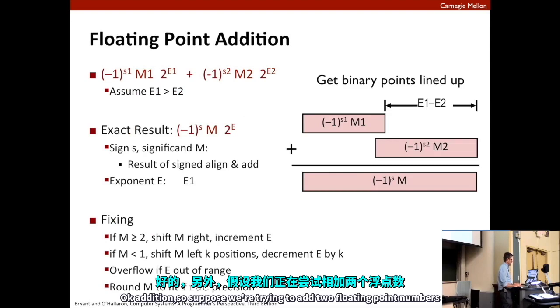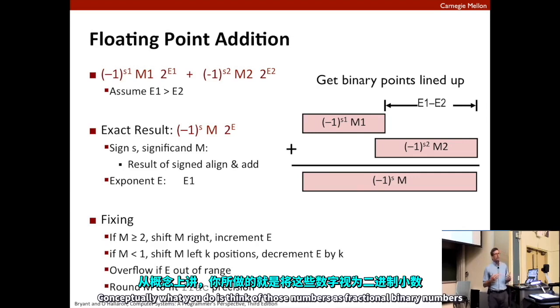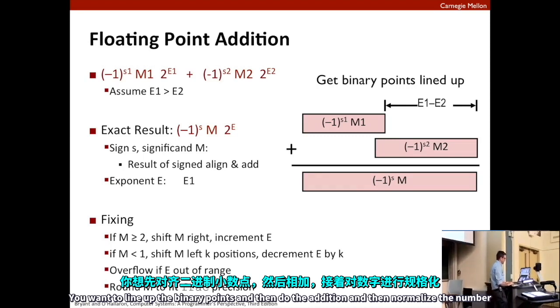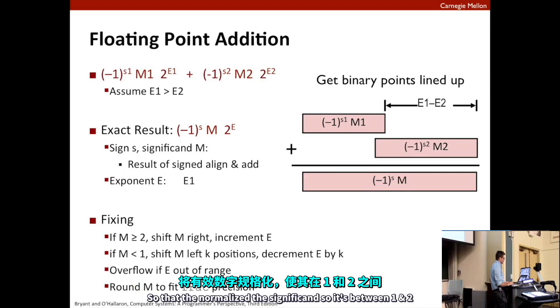Okay, addition. Suppose we're trying to add two floating point numbers. Conceptually, you think of those numbers as fractional binary numbers. You line up the binary points, then do the addition, and then normalize the significand so that it's between 1 and 2.